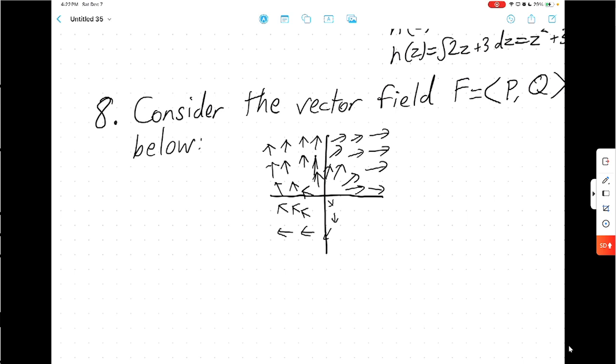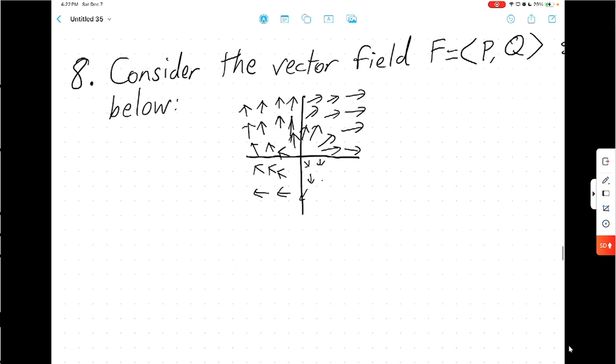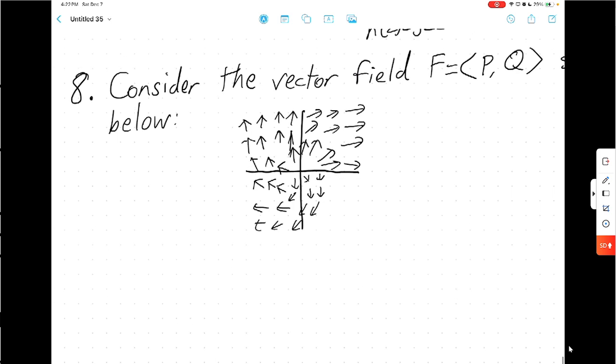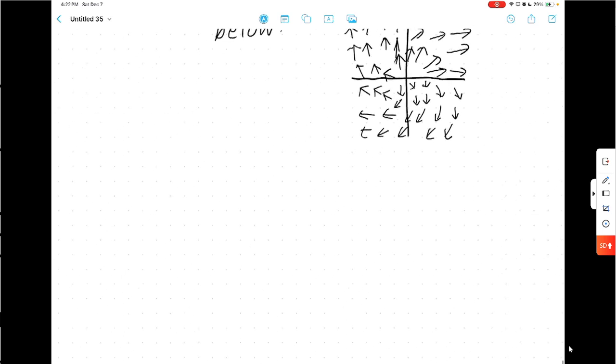More straight the further I go. Something like this. Something like that.